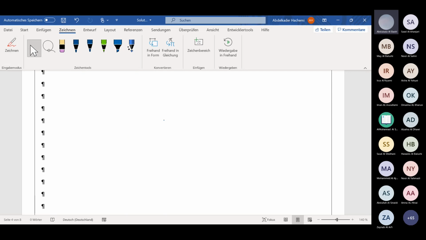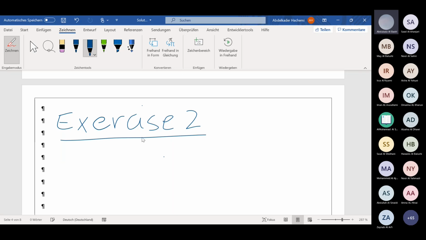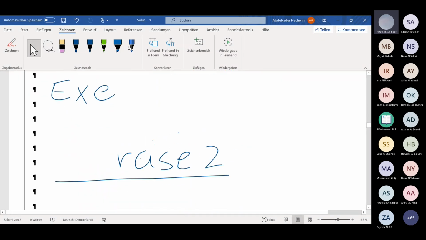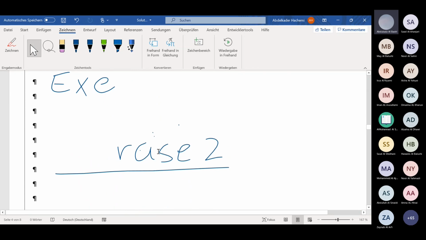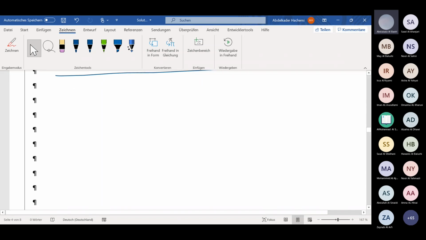Exercise 2. That's what we have here. VC, I write it graphically.